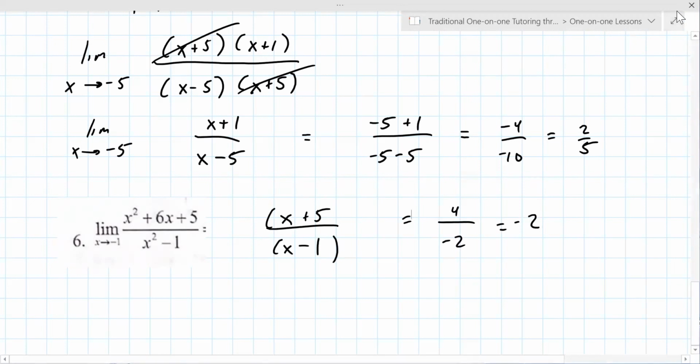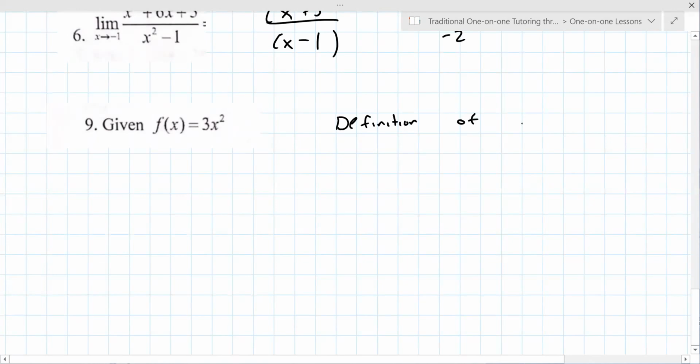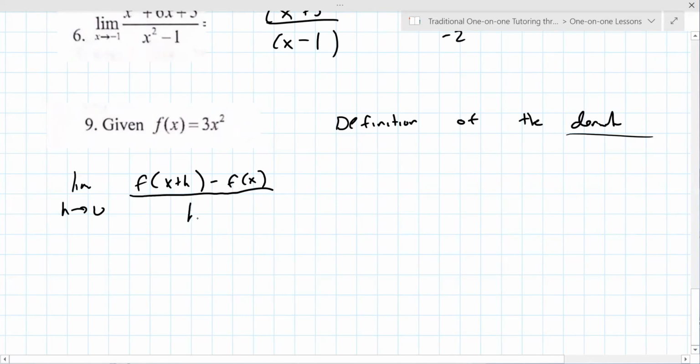Do you recall if the instructor said anything about the definition of the derivative being included or not included on the final? Like, find the derivative using what's called the definition of the derivative, which is the limit as h goes to 0 of f of x plus h minus f of x all over h.